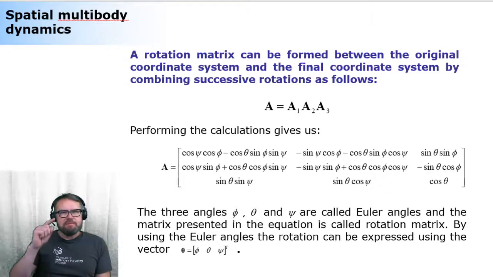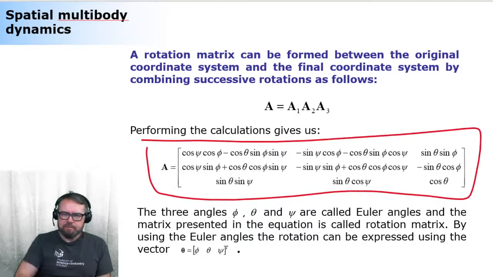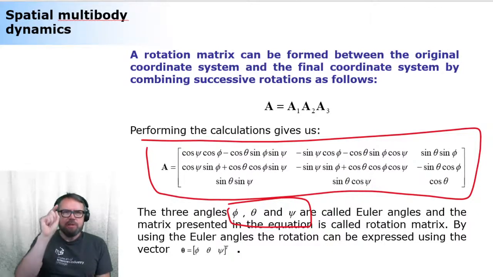Now, here's the final 3 by 3 rotation matrix. And this final 3 by 3 rotation matrix is based on 3 parameters. I'm unable to read these correctly, but let's call them psi, theta, phi. Or was it the other way around? Anyways, 3 rotations, 3 parameters.